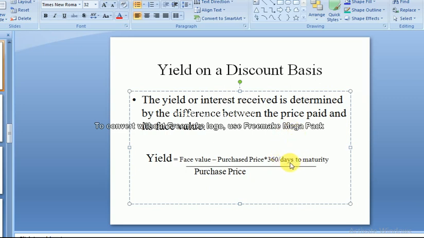If days to maturity is 1 month, we use 360 divided by 30. If it is 3 months, 360 divided by 90. If it is 1 year, 360 divided by 360.